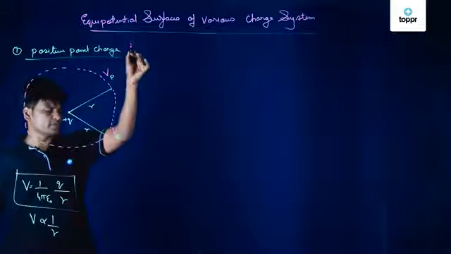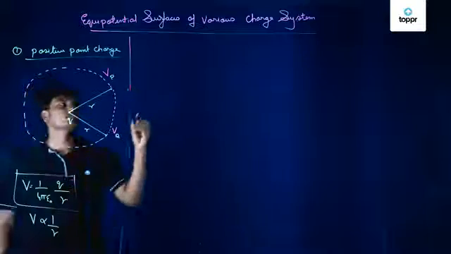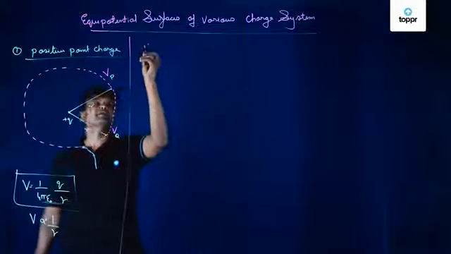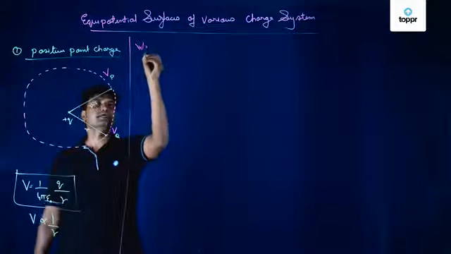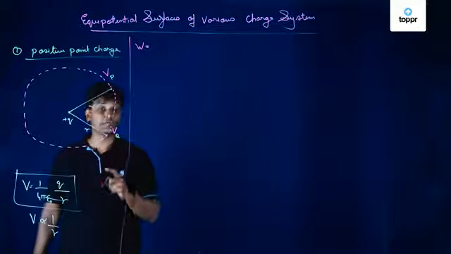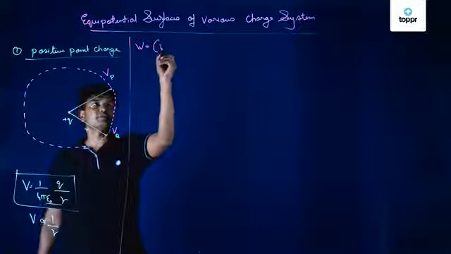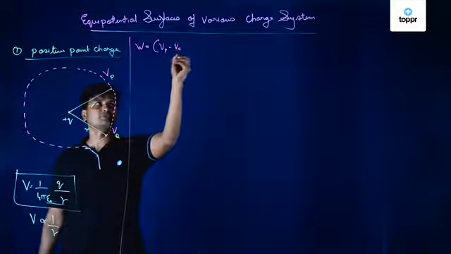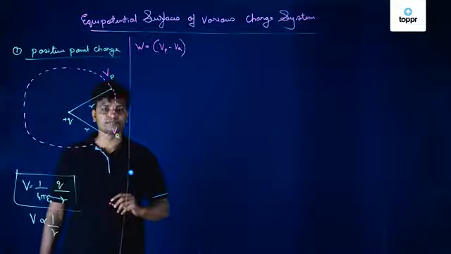What is the equation for work done? Work done is equal to the potential difference between the two points, Vp minus Vq, into the charge.